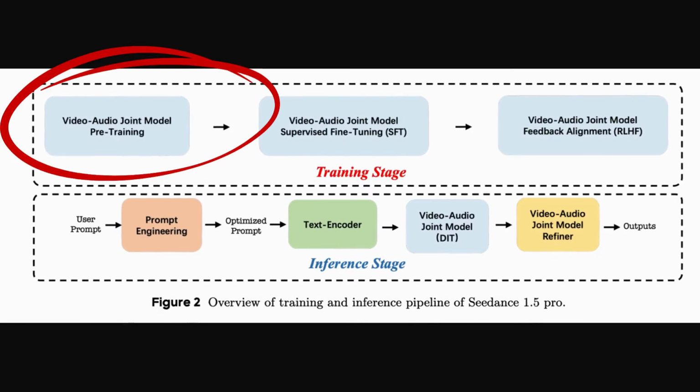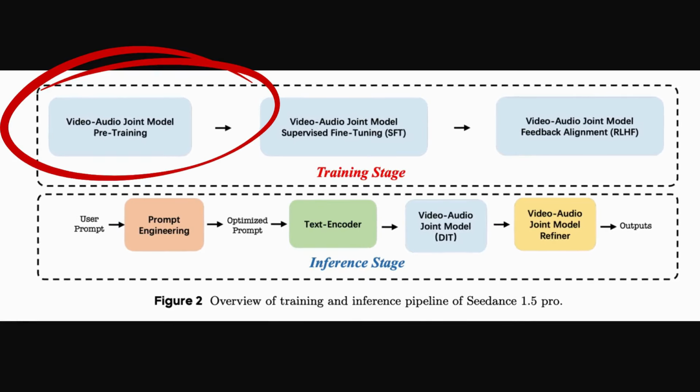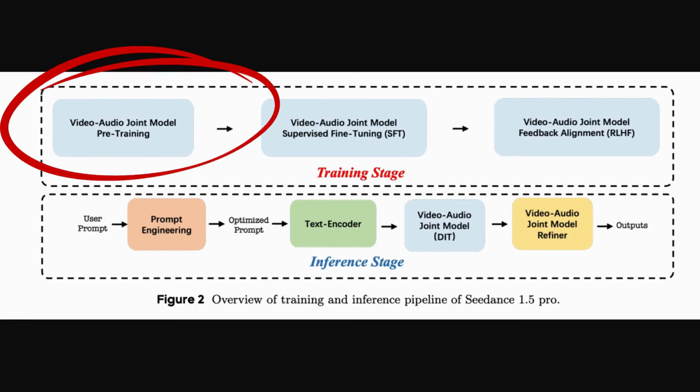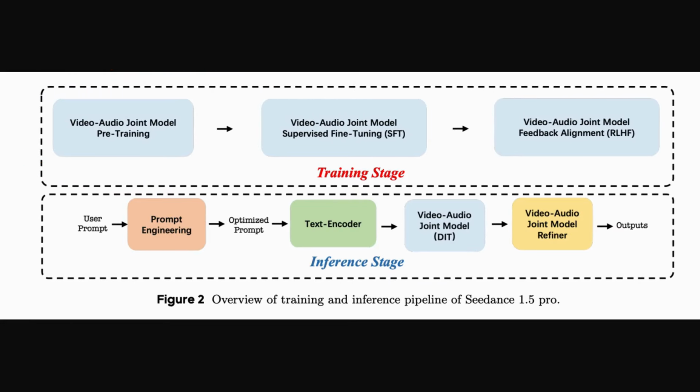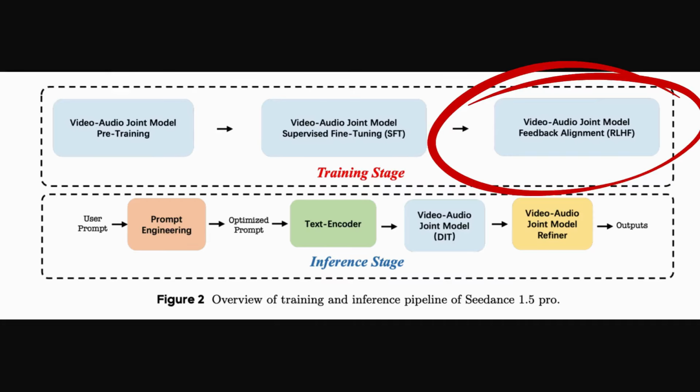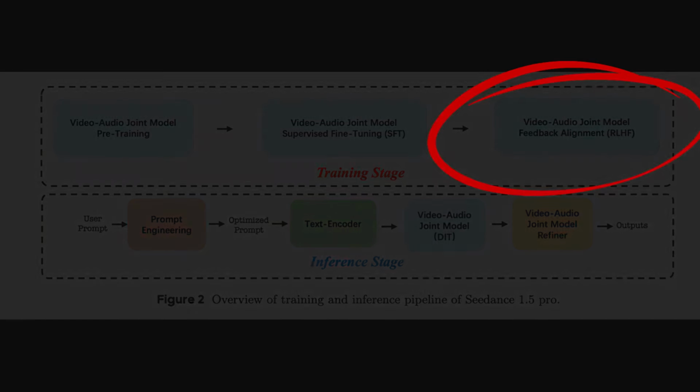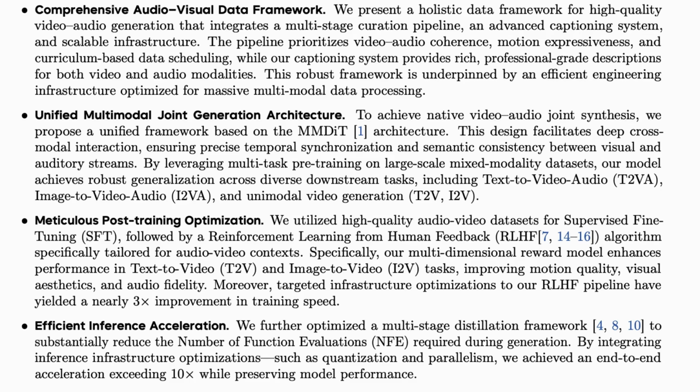It introduced a unified multimodal joint generation framework based on MMD-IT, a dual-branch diffusion transformer with cross-modal fusion, RLHF optimized specifically for audio-visual synchronization, a 10 times inference acceleration framework via distillation and quantization, multilingual lip-sync with dialect precision, especially strong in Chinese.